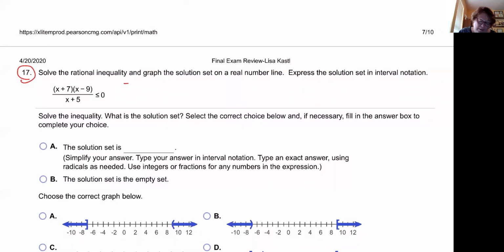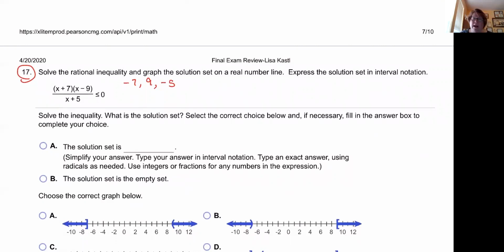So let's write that down. If I set x minus 9 equal to 0, then x equals 9, so that's a boundary point. And looking at the denominator, if I set that equal to 0, I'd get -5, so -5 is a boundary point.